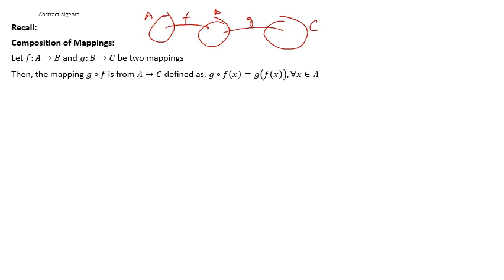Then we can define a map, the gof, from A to C, as gof of x is actually g of f of x.